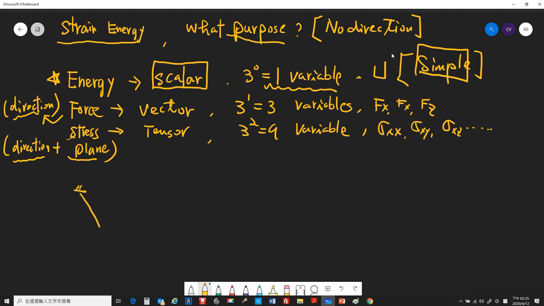For example, we will calculate a bar with a load P, and it should have a delta.